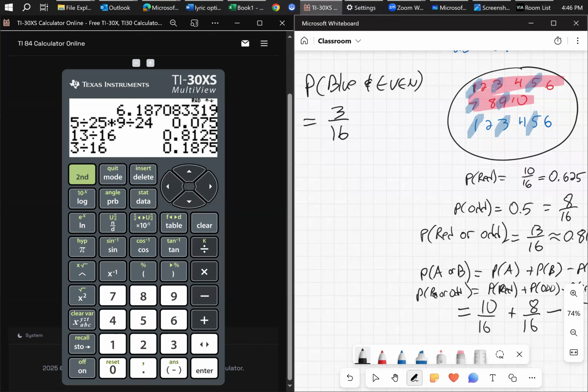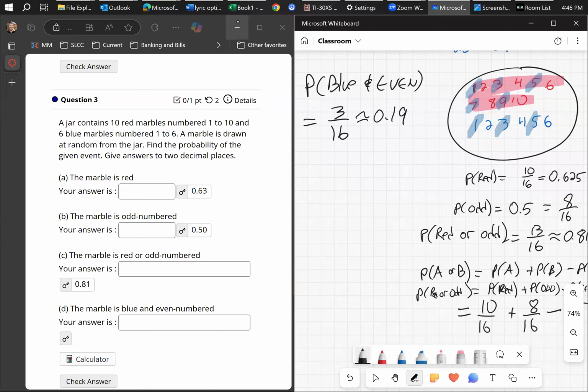0.8, approximately 0.19 if we go to 2 decimal places. But there's also a formula. It's the probability of A and B equals the probability of A times the probability of B given A. That formula is a little bit different.